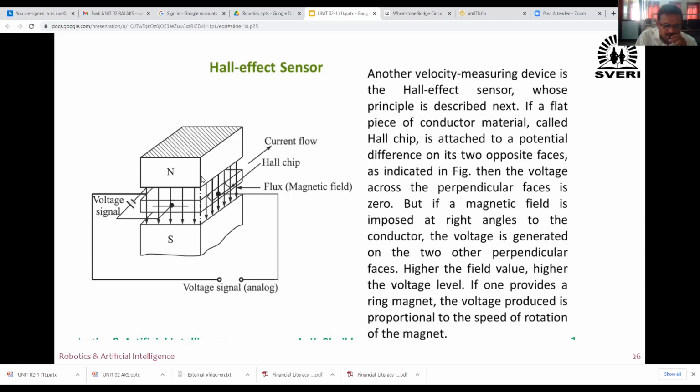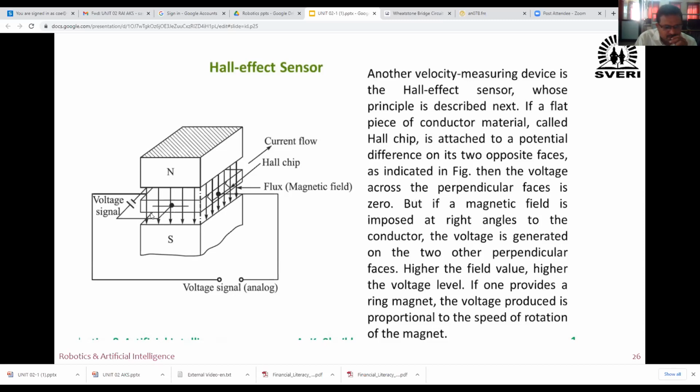Now, whenever this magnet produces magnetic flux, the voltage level will change across the perpendicular faces.